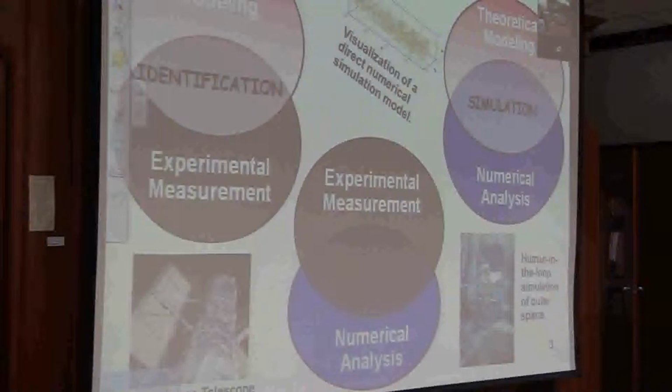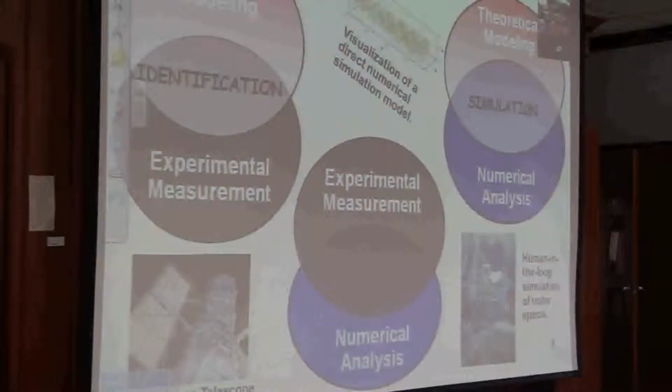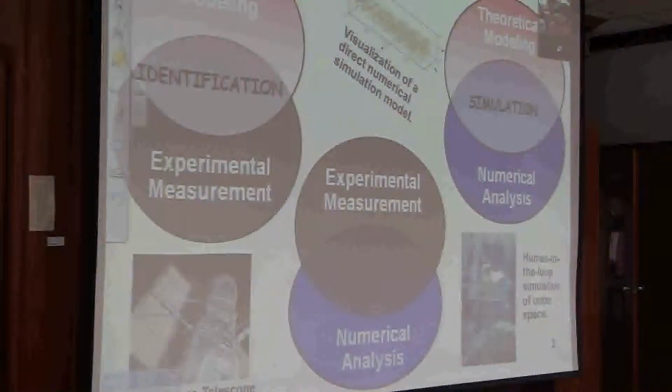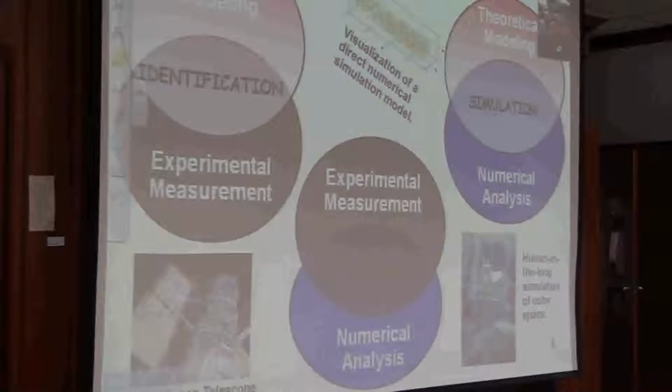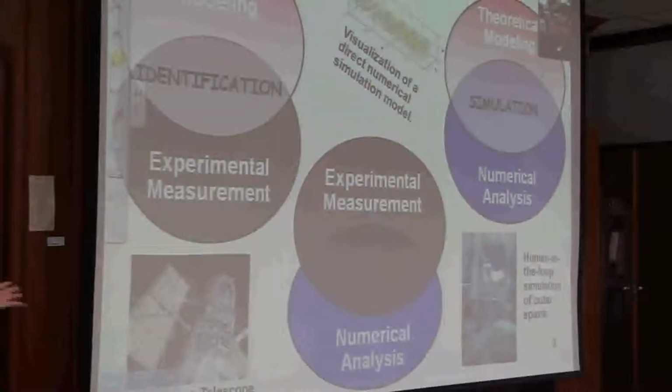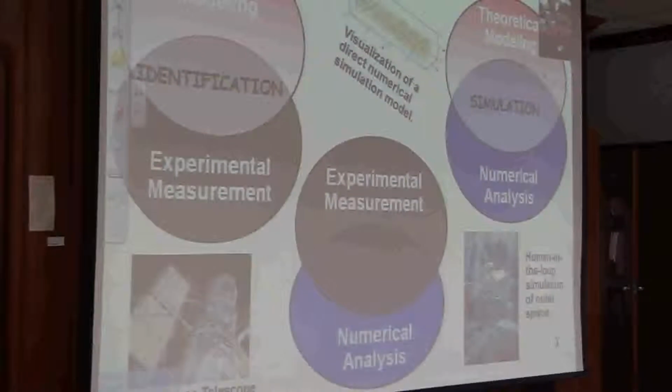For any structure, we would like to identify its frequencies and some other structural characteristics. And using some experiment tests on the object, we can obtain a model for the object.